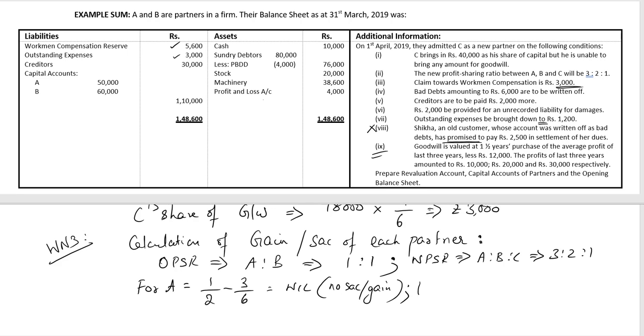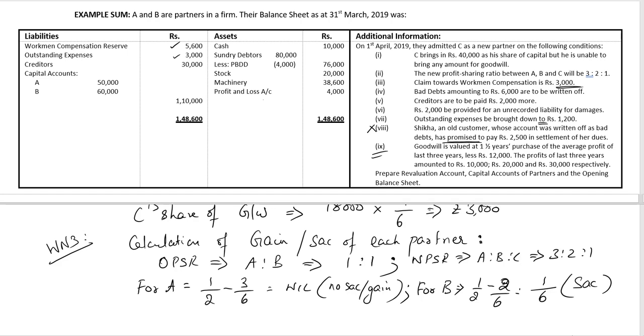As for B, we have old share 1 by 2 minus the new share 2 divided by 6, which is equal to positive 1 by 6, and B sacrifices. So the entire amount of rupees 3,000 has to be credited to B's capital account.